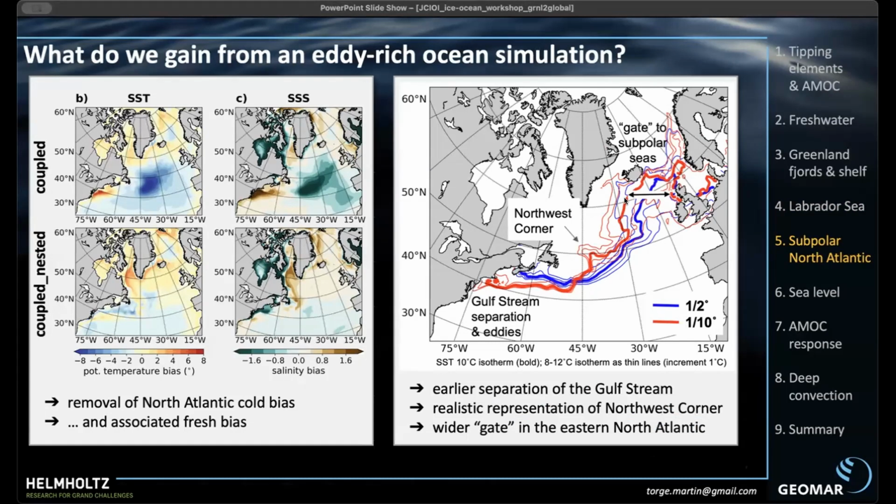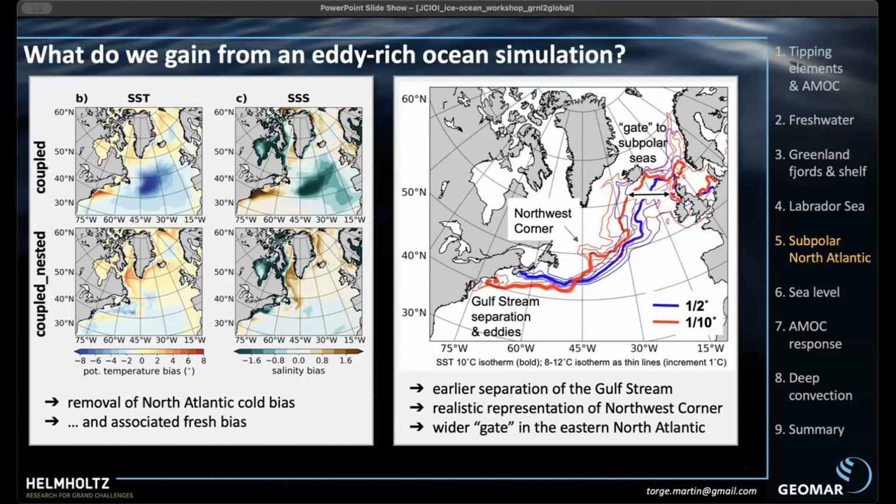So you get a different size of the subpolar gyre, a different gate width basically on the eastern side of the North Atlantic. And what you gain from this is that you remove this very well-known subpolar North Atlantic cold bias.